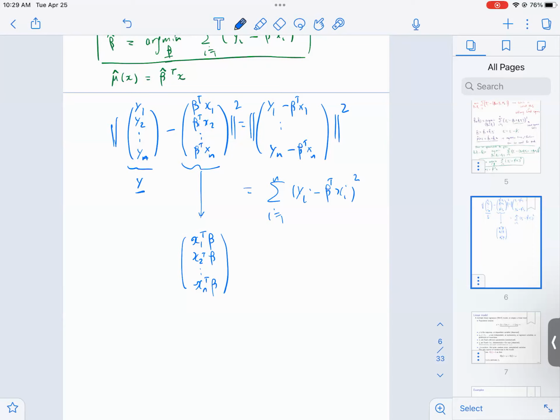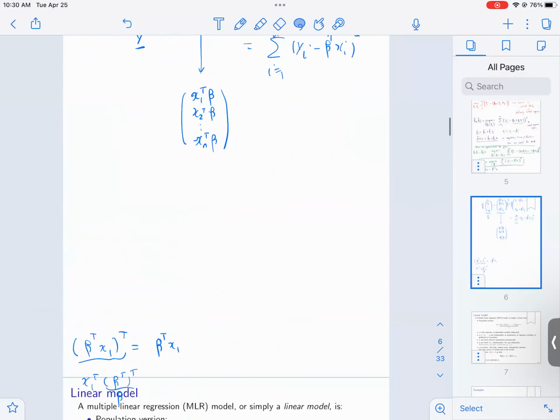Another way of saying it is that beta transpose x1 has to be equal to its own transpose, because it's a scalar. If you do the trick of transposition, this is going to be x1 transpose beta transpose transpose, which is just beta. So this is like a formal proof, because a scalar has to be the same as its transpose.